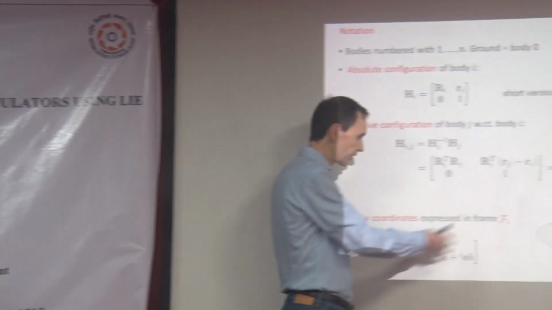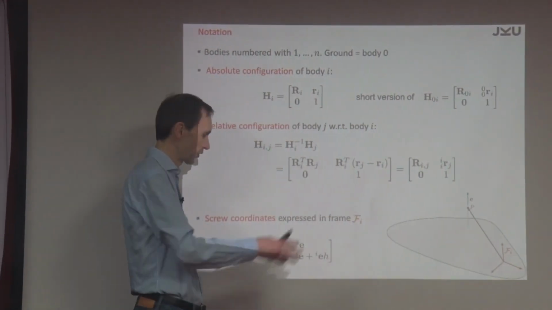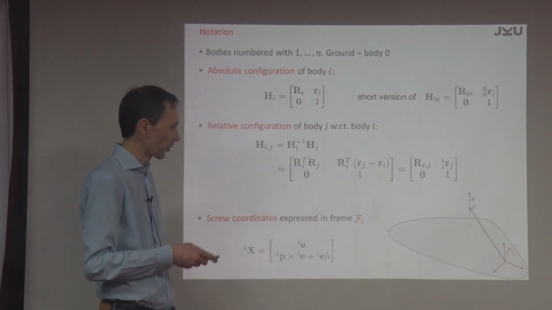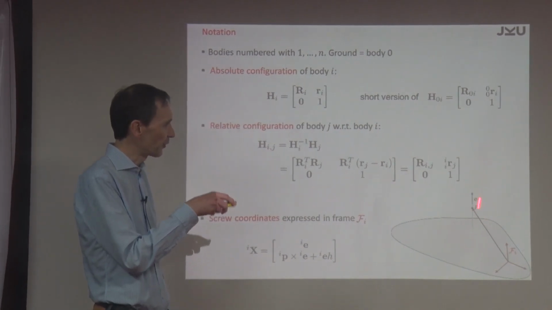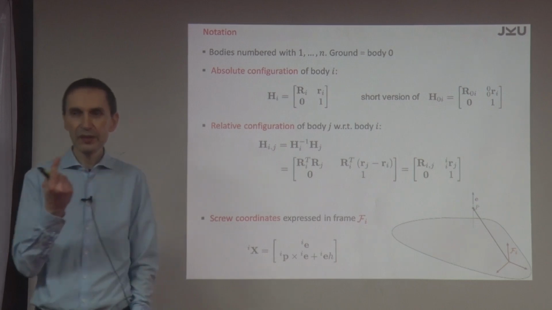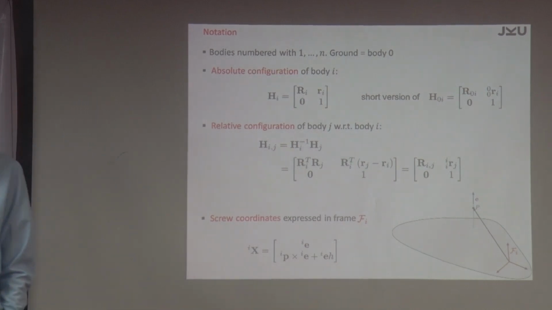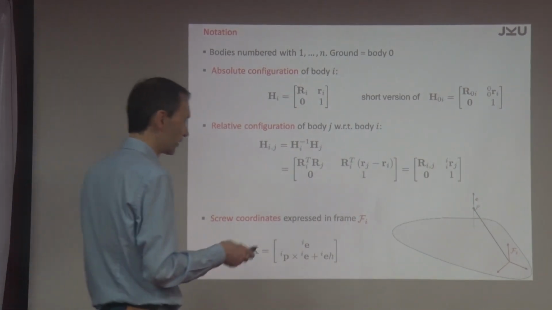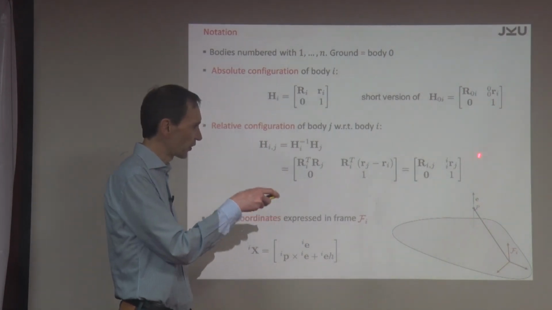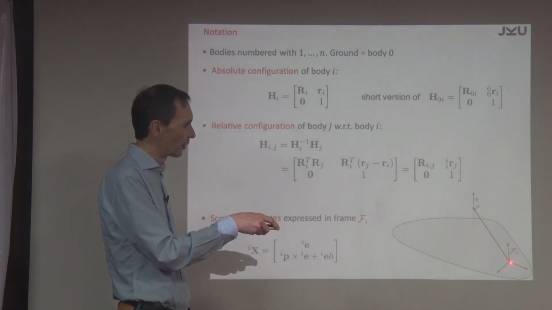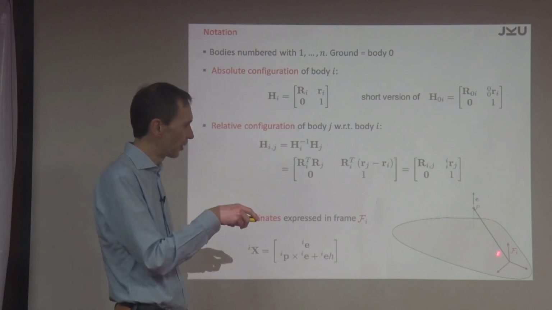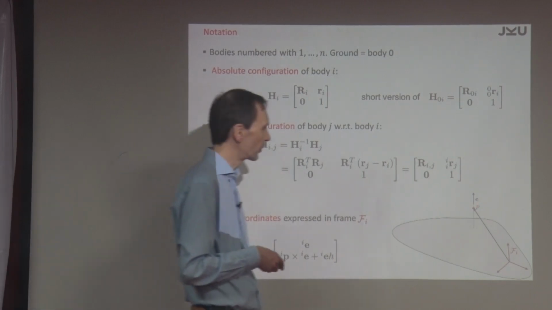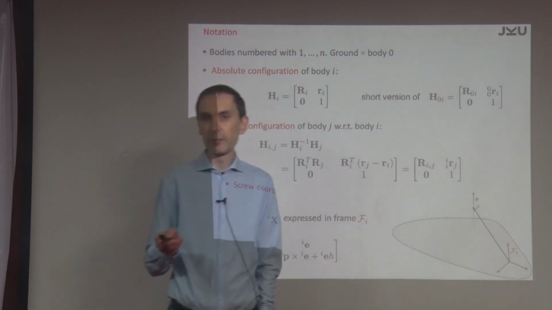And now the screw coordinate always has a form like this, right? Just to repeat it, we have this unit vector that goes along the screw axis. We don't know the screw axis, but there is always a screw axis. Then we need a position vector, a vector to a point on the axis, and it could be any point.